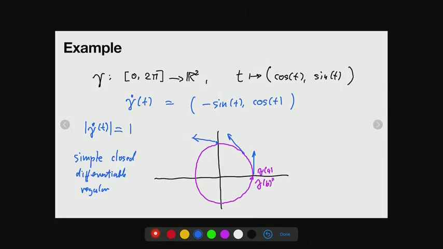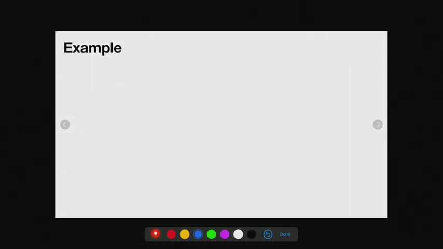Let's take one more look at a slight variation of that. I'll try to do something similar. γ goes from 0 to kπ into R².